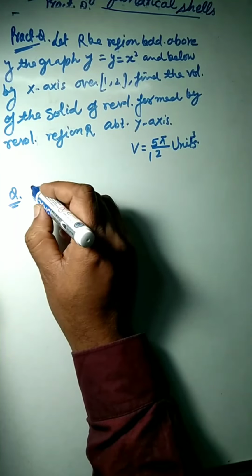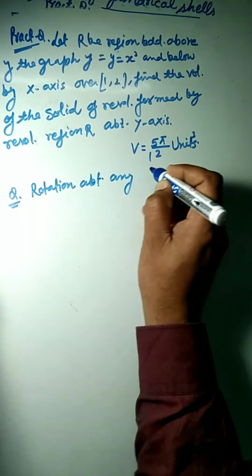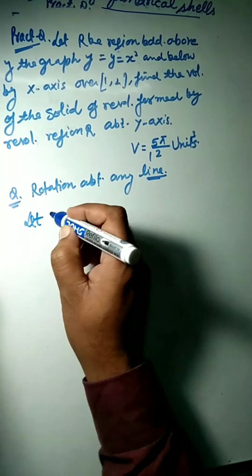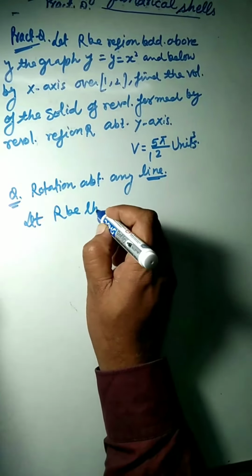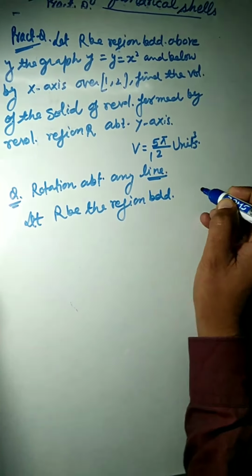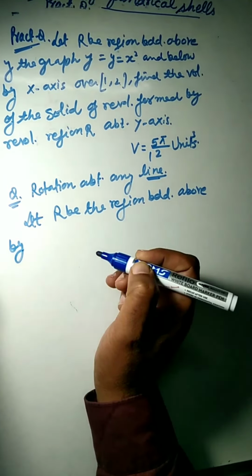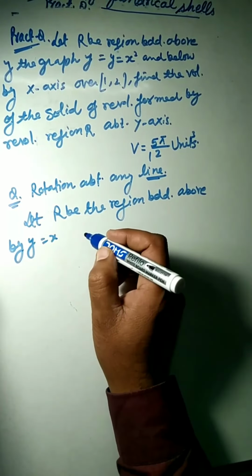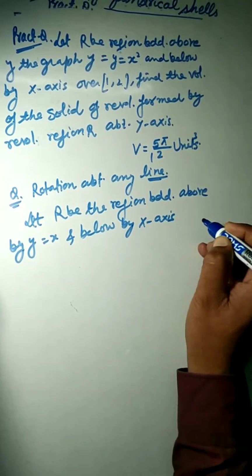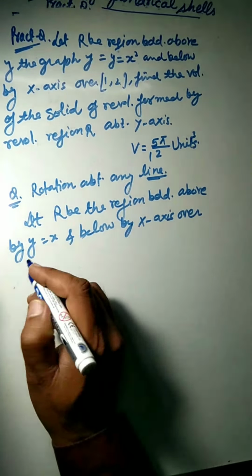rotation about any line. If we have rotation about any line, then the question is here: let R be the region bounded above by y equals x and below by the x-axis over the interval 1 and 2.